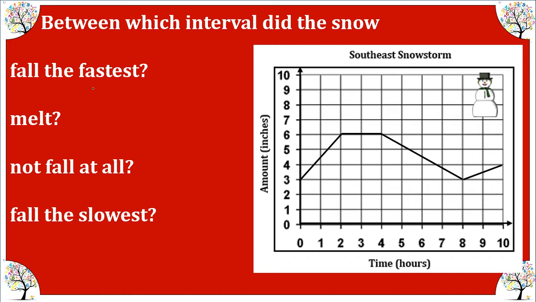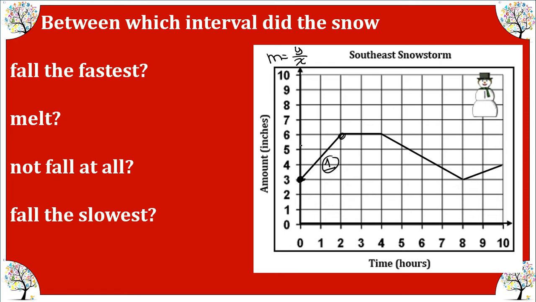Let's be specific and see in which interval the snow accumulated and fell the fastest. The way we're going to do that is, remember, slope is the change of the y compared to the change of the x values. So use the values to find the difference. From here to here, we'll call this interval 1.